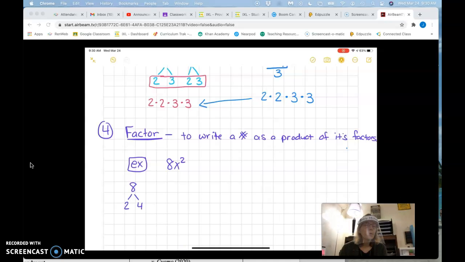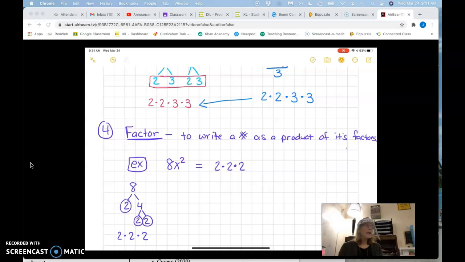Now 2 is prime, so that one's done, but 4 is not. So what equals 4? 2 and 2. So the factors of 8 are what? 2 times 2 times 2. It's going to be all your prime numbers. Those are all going to be the factors of 8, okay? So if I write this as its factors, I'm going to write 2 times 2 times 2.